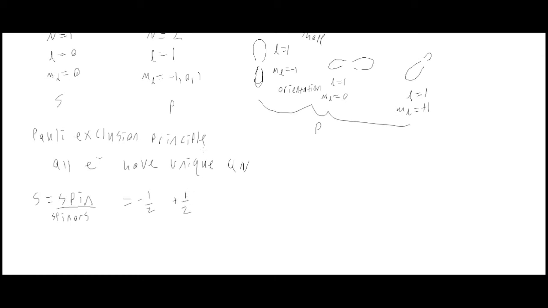And so you see how we get the extra quantum numbers that we can use to place the two electrons into each of these p orbitals. So this would have a spin plus 1/2 and spin minus 1/2, and this would have a spin plus 1/2, spin minus 1/2, and this would have a spin plus 1/2, spin minus 1/2.